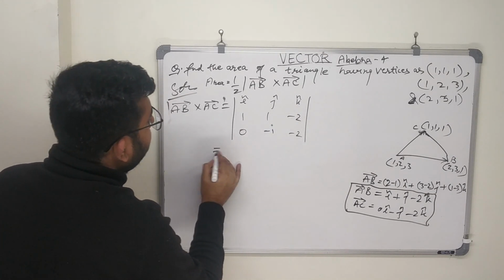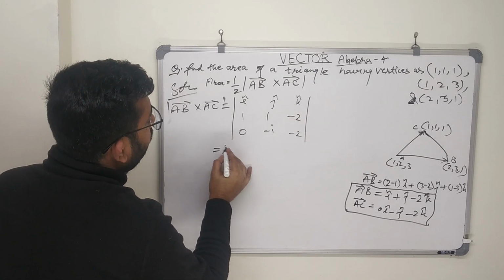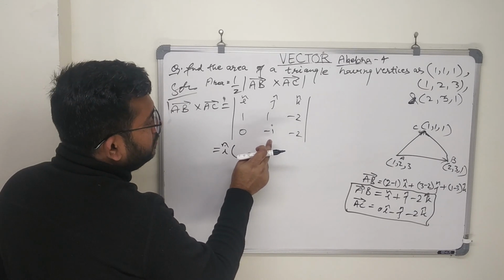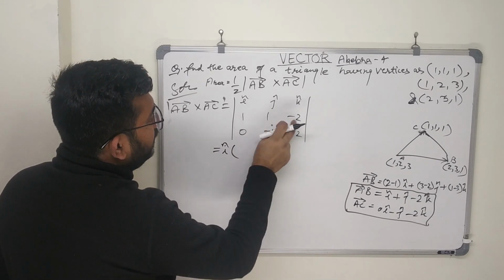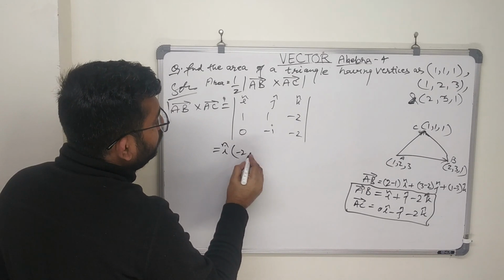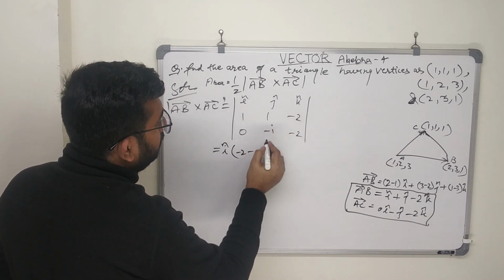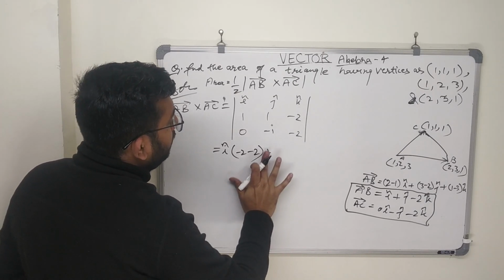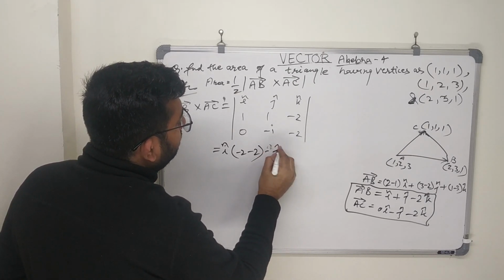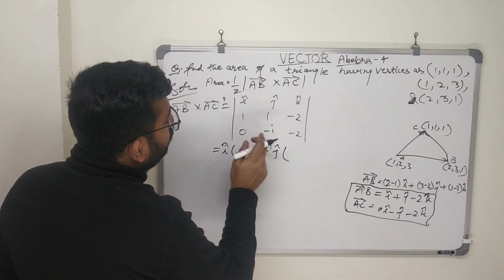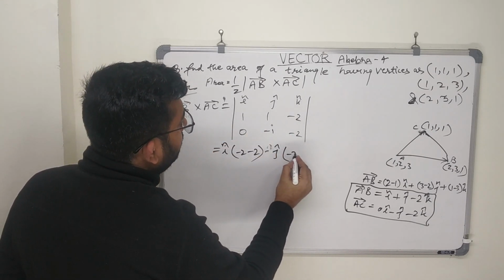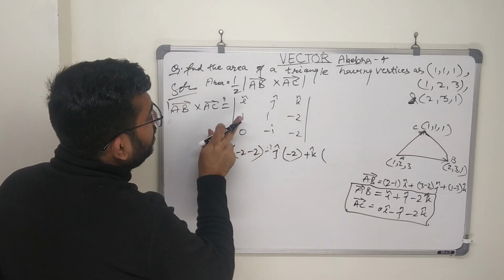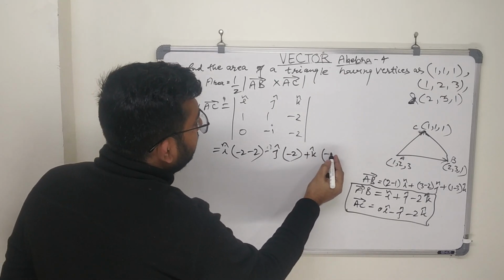So now calculating the determinant, that is i cap into 1 into minus 2 minus of minus 1 into minus 2, that is minus 2 minus 2, that is minus 4, plus minus j cap into 1 into minus 2 minus 0, that is minus 2, plus k cap into 1 into minus 1 minus 0, that is again minus 1.